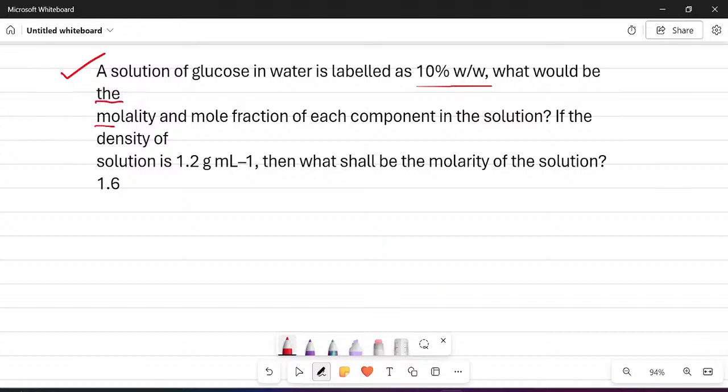So here you have to find out molality, you have to calculate molality, and secondly you have to calculate mole fraction.